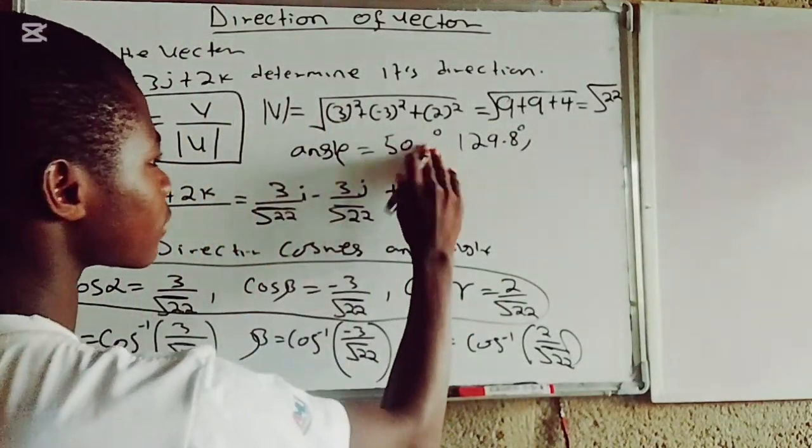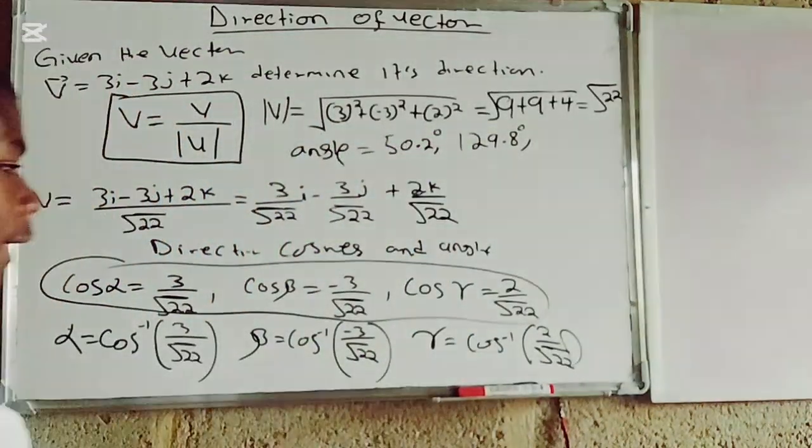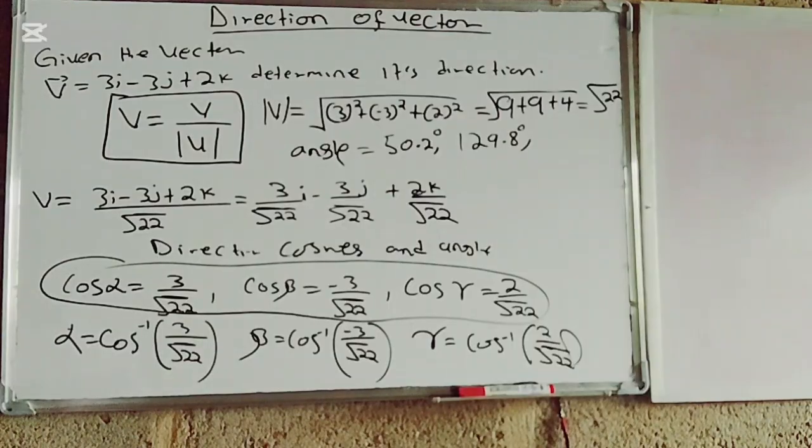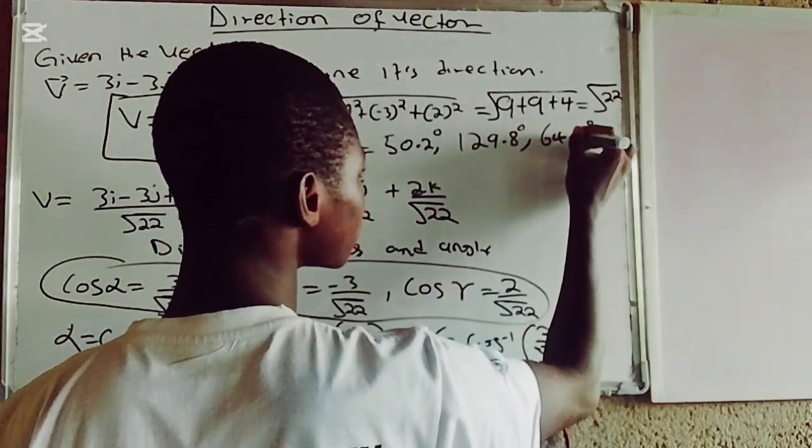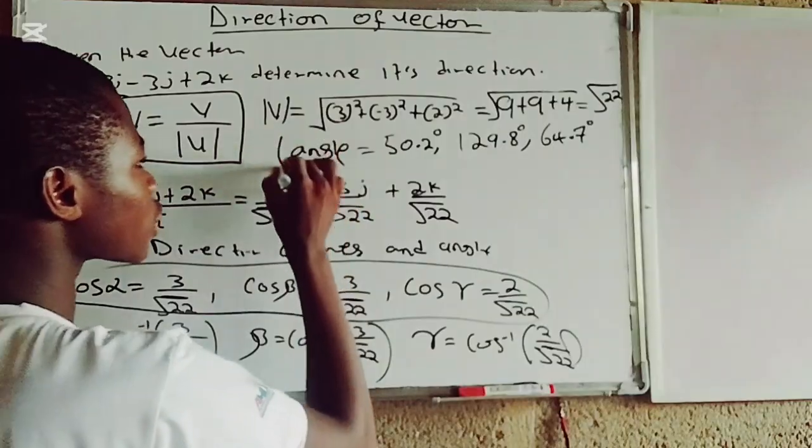And therefore the cos inverse of 2 divided by root of 22 gives 64.7 degrees. So this is the direction angles.